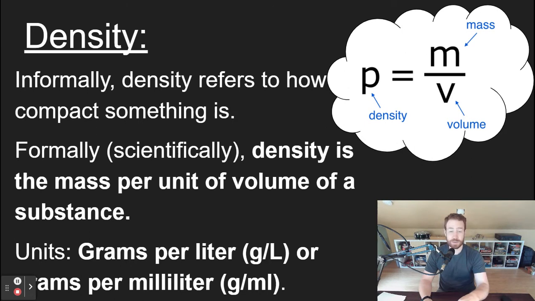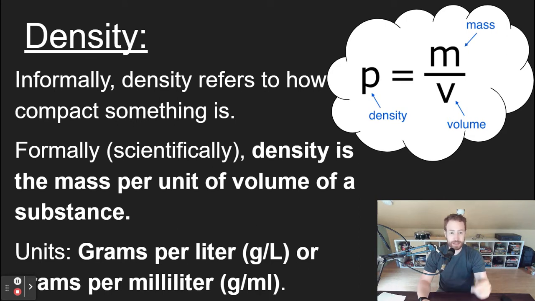Technically, density can be measured in any unit of mass over any unit of volume. So it could be pounds per liter or pounds per cubic yard, or tons per cubic mile, whatever, right? But generally, grams per liter, grams per milliliter, sometimes kilograms per liter is what you're going to see.